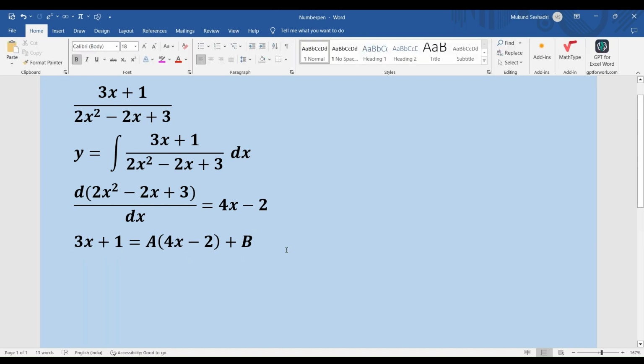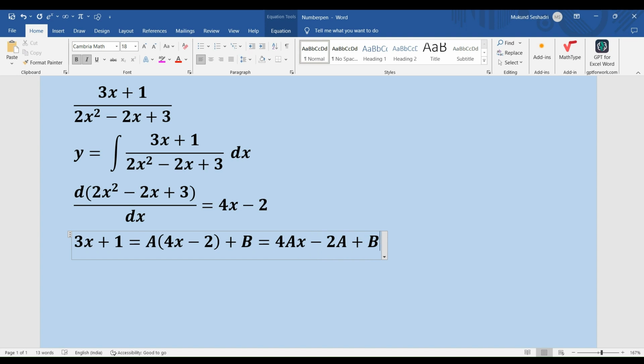Now you see both are linear expressions, your LHS and RHS. And what I have on my LHS is a 3x plus 1, and what I have in my RHS is a times 4x minus 2 plus b, right? Which is nothing but 4a times x minus 2a plus b, right?